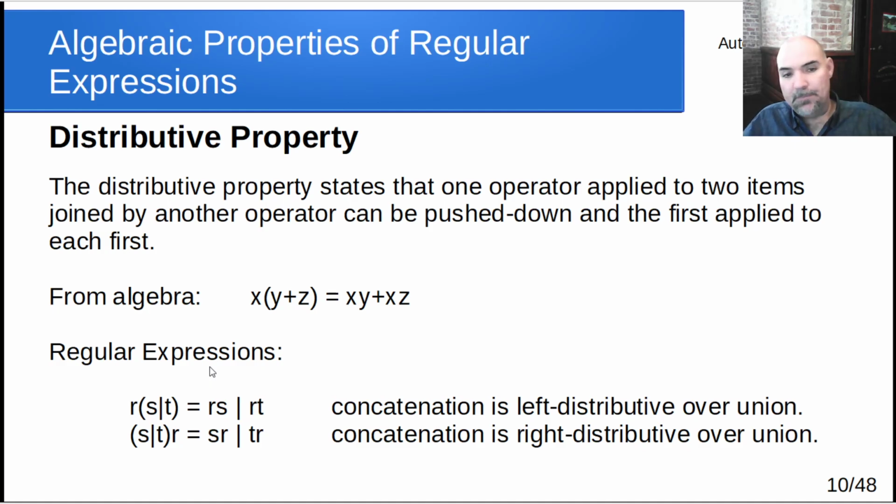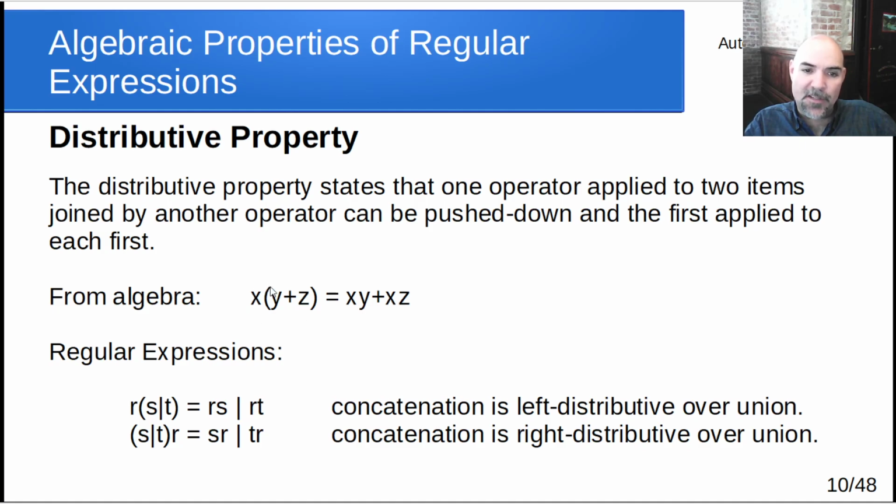Okay, so moving on. The distributive property essentially states that if you have one operator applied to two items that are joined together by another operator, then that can be pushed down and the first applied to each. So just like in algebra, x times, so there's the multiplication operator being applied to these two things joined by this other operator, we can distribute the x across each of those and get xy plus xz.